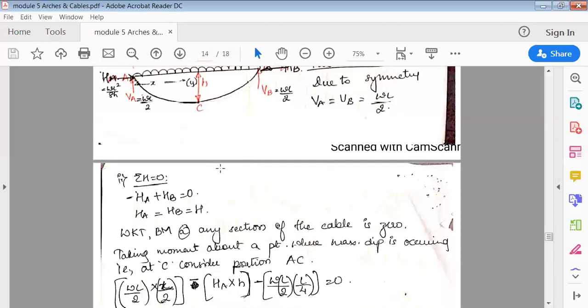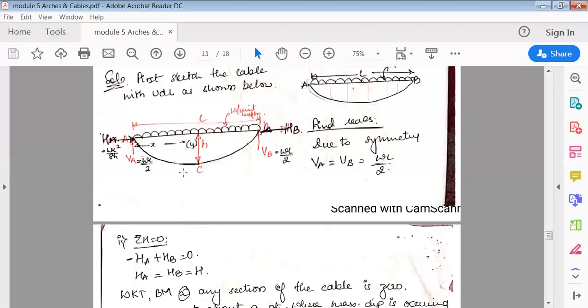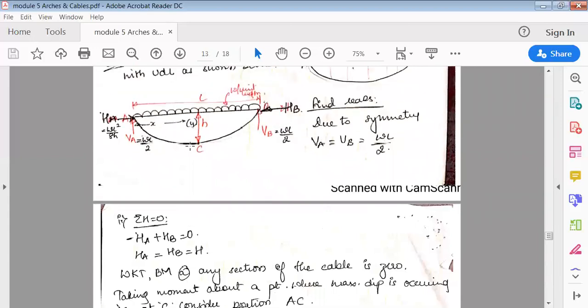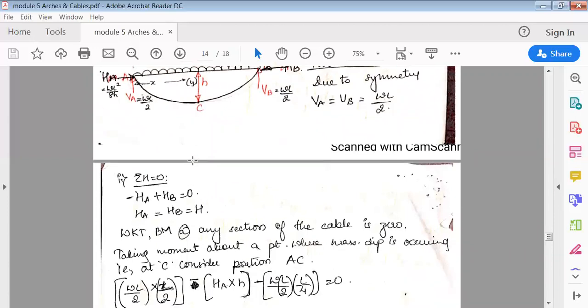So now, if you take the bending moment at any point, here I'll cut the section exactly at C, because at C there is a maximum dip. So at C, taking moment about the point where the dip is maximum, that is occurring at C. Okay, so now I'll take only the AC portion.